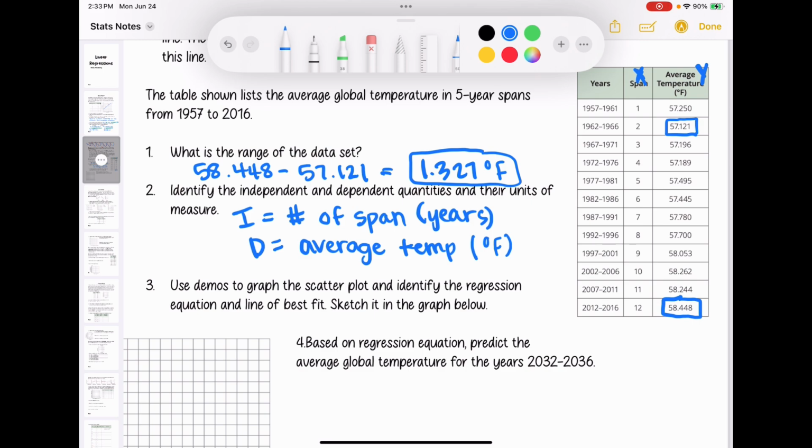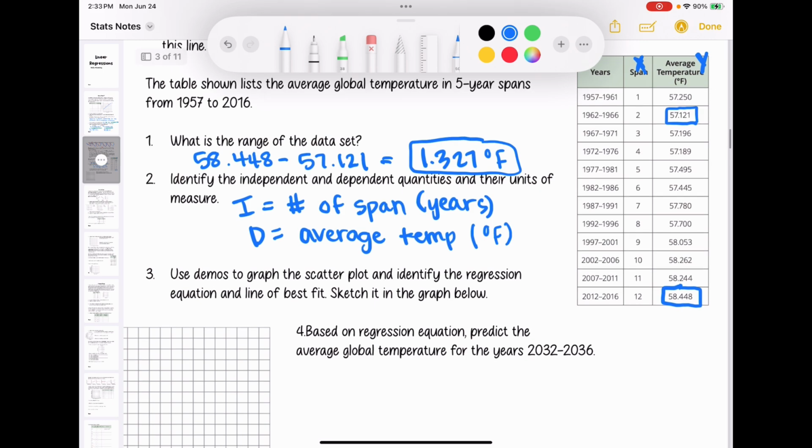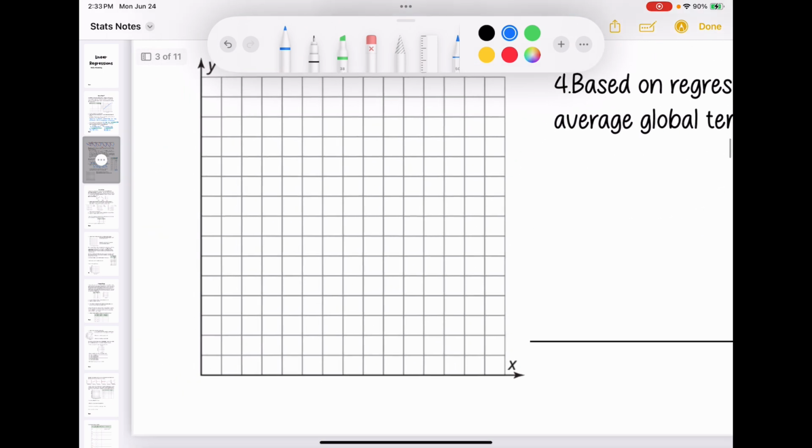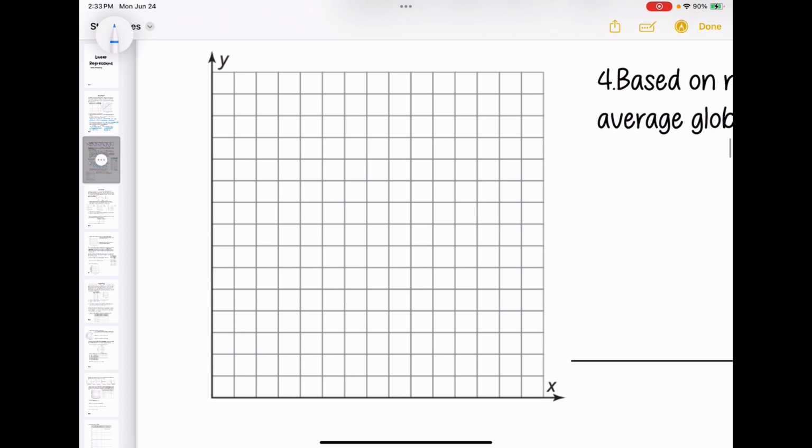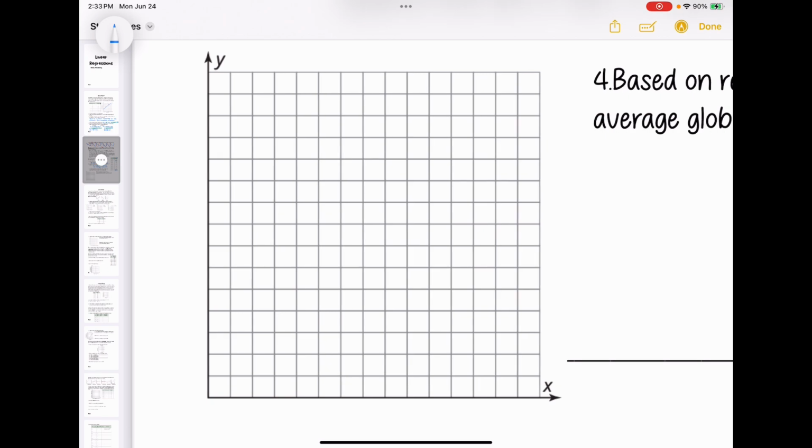All right, number three, we're going to use Desmos to graph the scattered plot and identify the regression equation and the line of best fit. Sketch the graph below. First, this graph does not come labeled for you, so I want you to label this graph.